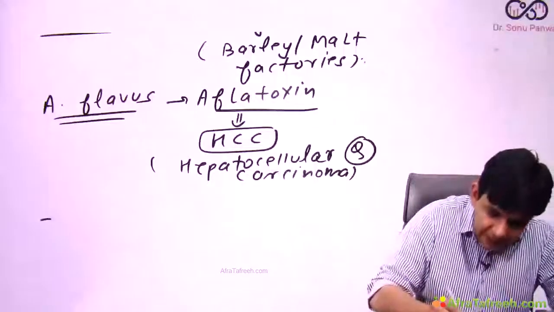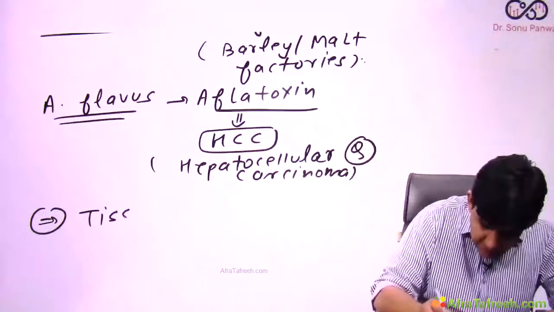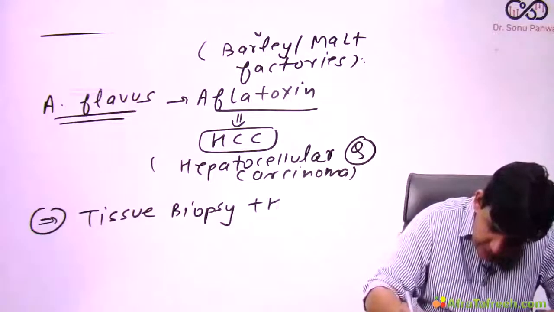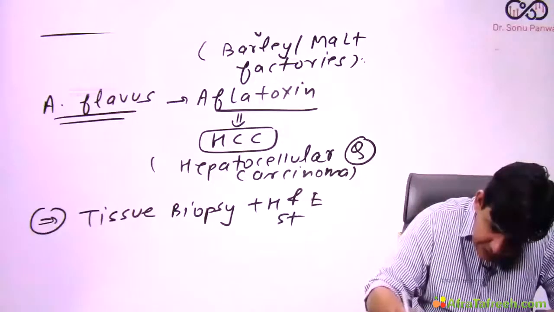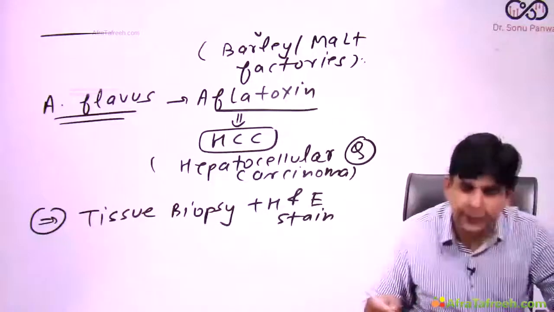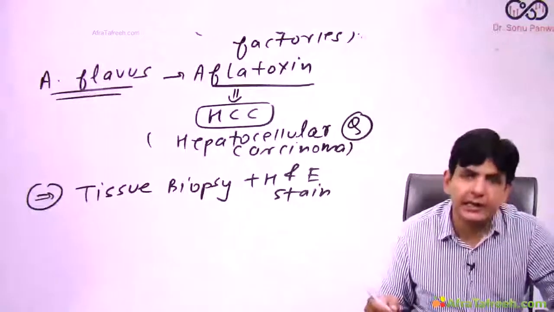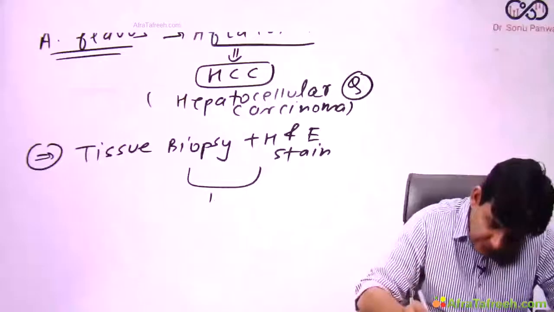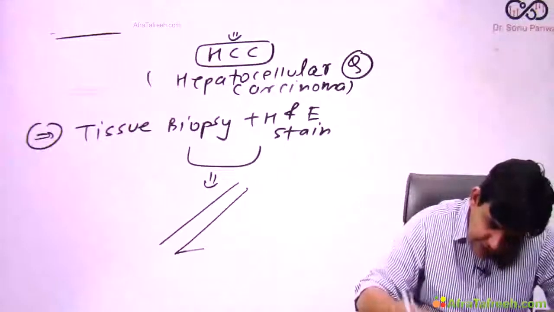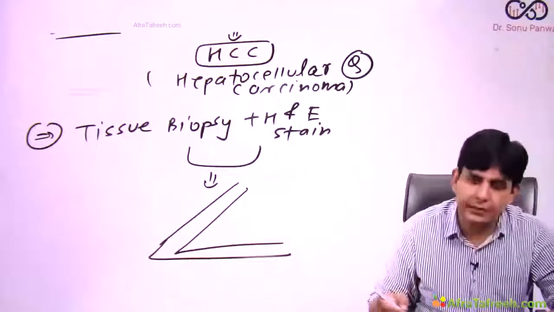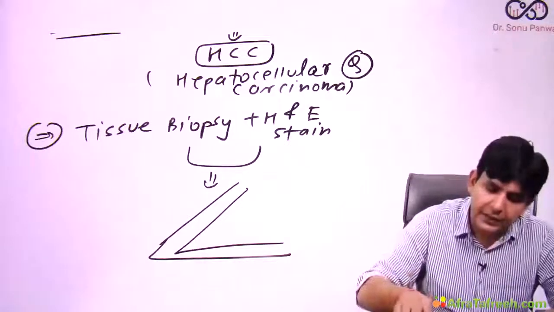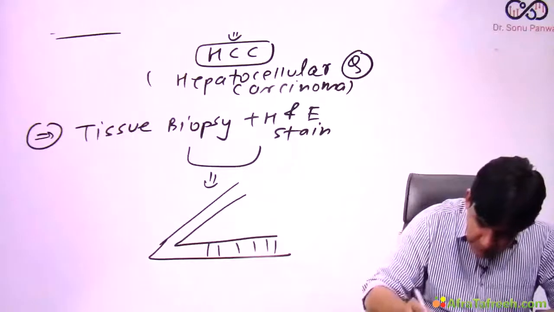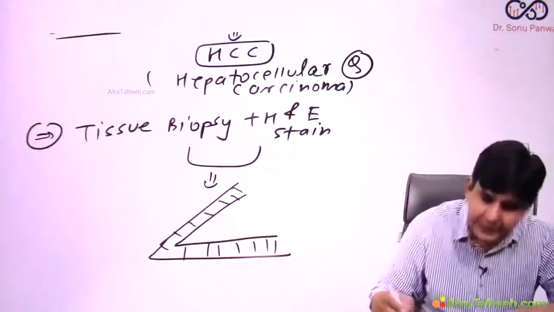And how to identify them? Suppose you have taken a tissue biopsy and stained it with H and E stain, this you remember. What you will see is this particular type of arrangement: septate hyphae.